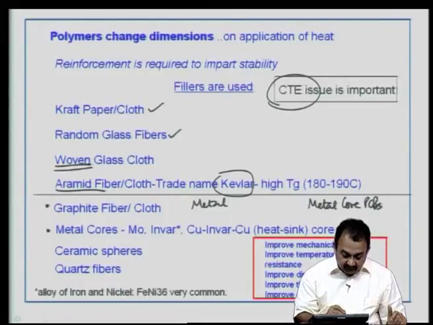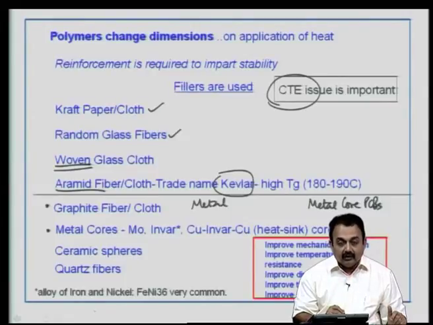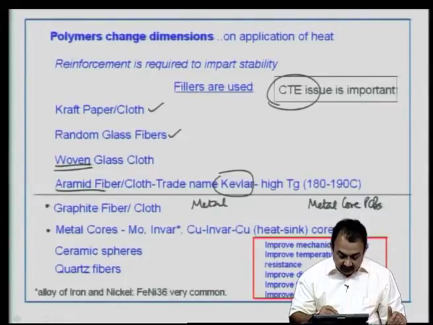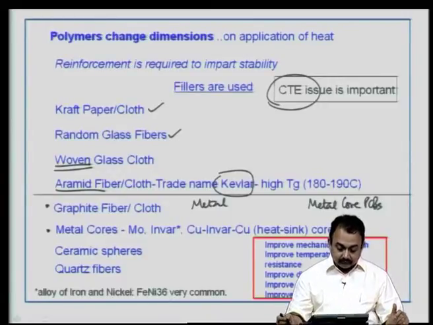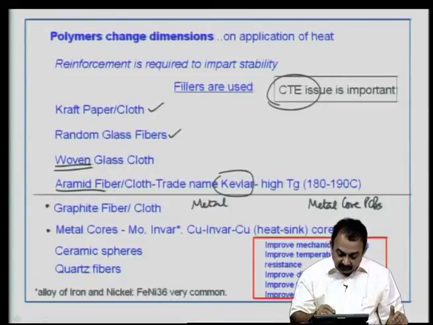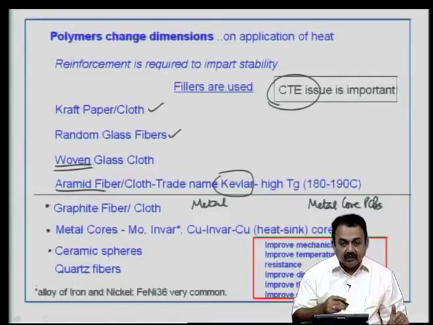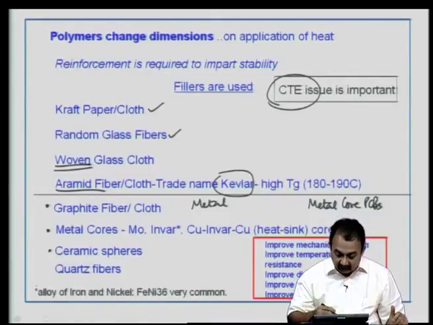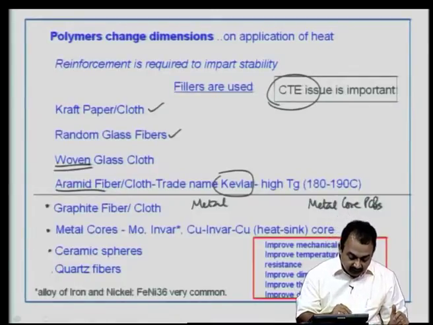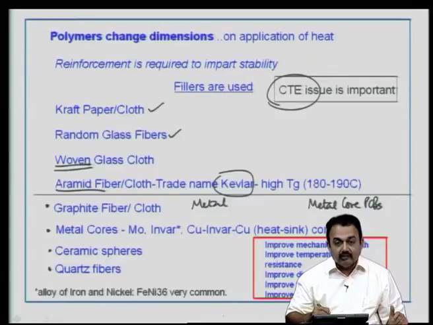Invar is basically an iron nickel alloy, Fe-Ni, 36% Ni is very common. Now, a copper, Invar, copper heat sink core can be used. Ceramic spheres can be embedded into the dielectric material, resin material, or you can use quartz fibers.